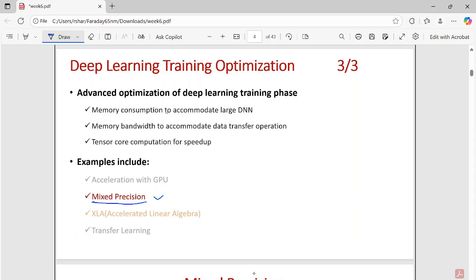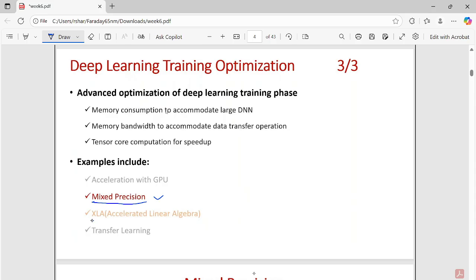This is supported by GPUs like NVIDIA's with TensorFlow. Here we can achieve faster training due to faster math operations and less memory usage, allowing larger models or bigger batch sizes. This is often used in training large transformer models.